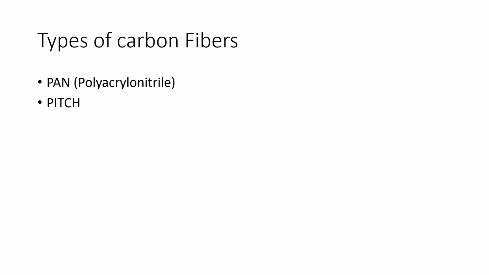So PAN type carbon fibers are produced by the carbonization of PAN. Pitch type carbon fibers are another type, generally produced by carbonization of oil or coal, or you can say pitch precursor, that is petroleum pitch.